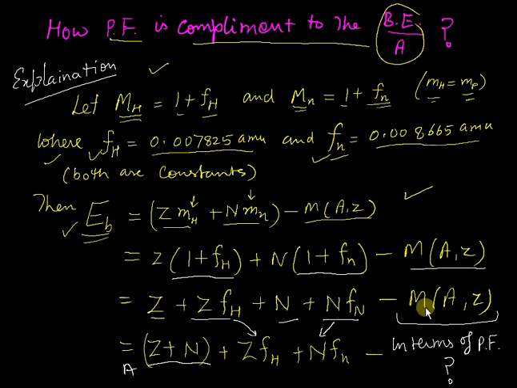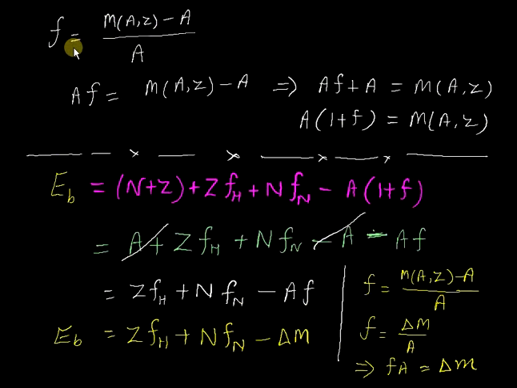Now the point is how to convert the atomic mass of the nucleus into the packing fraction. So in terms of the packing fraction, let us see how. You know that packing fraction is defined as F equals M(A,Z) minus A, upon A. So F A is equal to M(A,Z) minus A, or further this can be written as A(1 plus F) equal to M(A,Z).